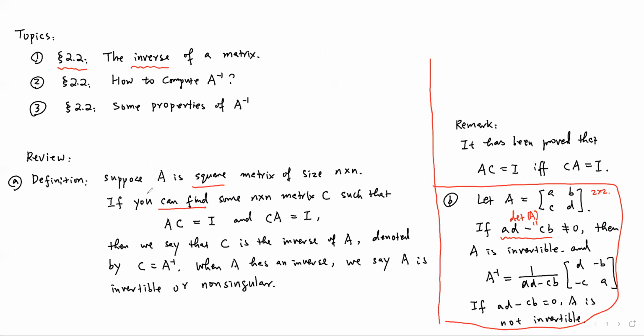Now the second topic: how to compute the inverse. Given a matrix that is invertible, how do we find the inverse? Topic 2: how to find the inverse?